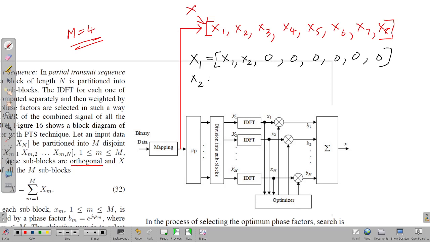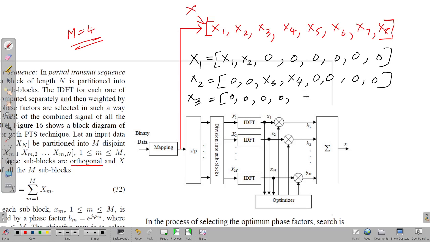I have x2, which is x3, x4, and zeros. x3 is 0, 0, 0, 0, and x4 is again 0 0 0 0, and you have x7 and x8. So you can see if you multiply any of these sequences, you are going to get a value of 0.